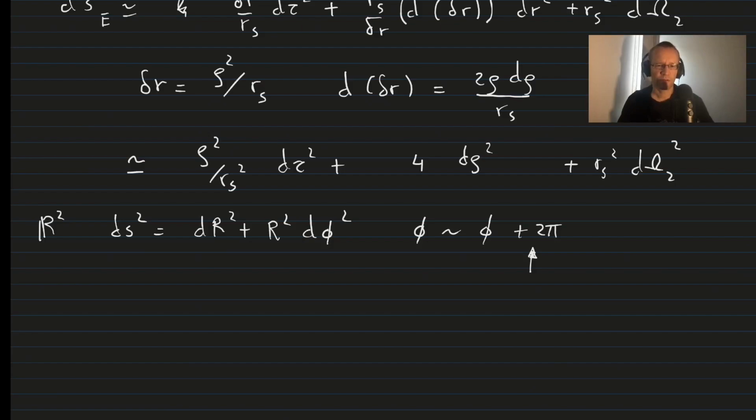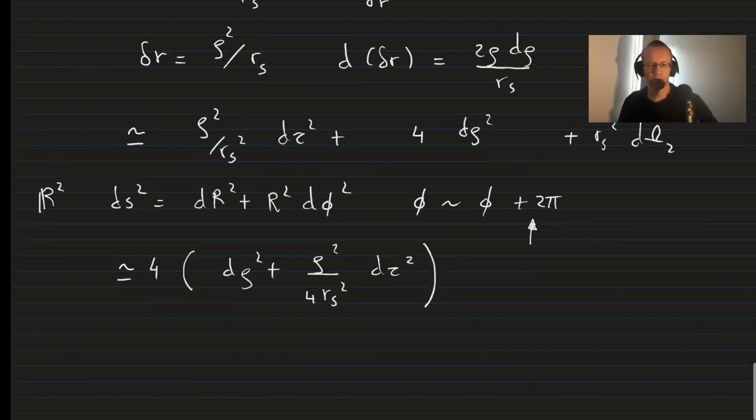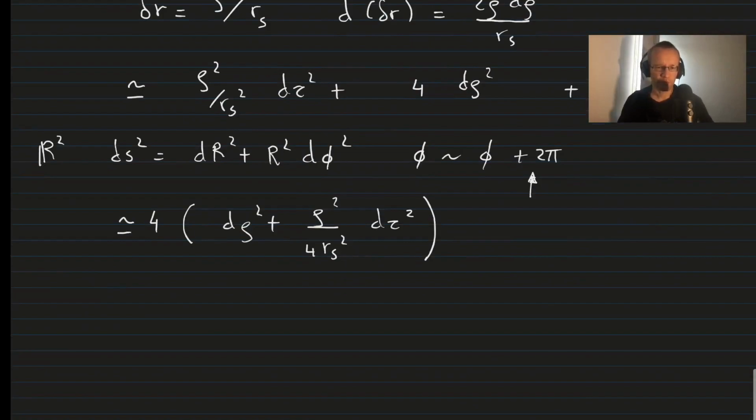So if we compare this to the metric that we had, we take out a 4, then we see that we get 4 times d rho squared plus rho squared over 4 Rs squared d tau squared. So then we see that tau over 2 Rs should have period 2 pi.